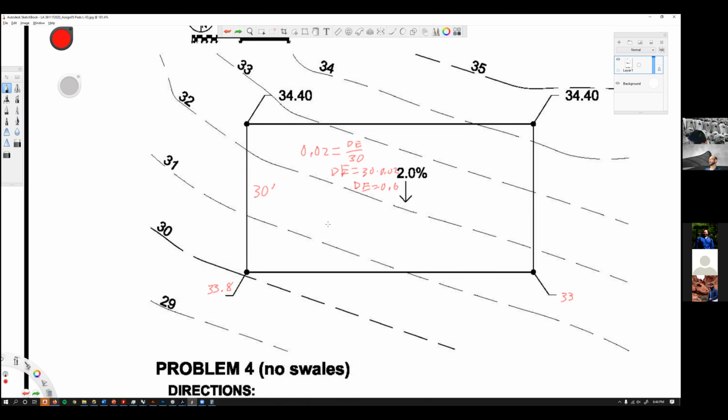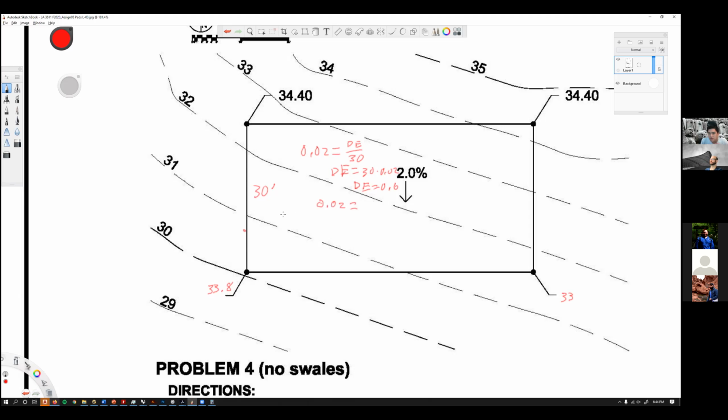So we have our slope, right? We're going to find the point where the 34 contour line is going to hit our slab. In order to find that out, we take our slope 0.02 equals our difference in elevation, which we know because we're trying to find 34, and we have 33.8.